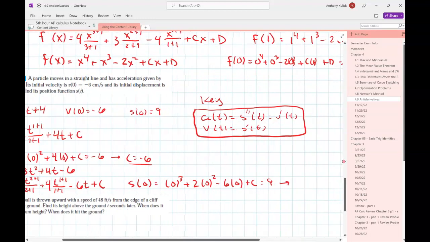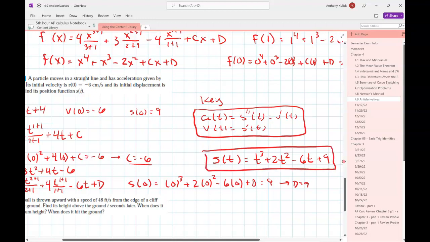So maybe let's use d here, that's confusing, we have two different c's. It tells me that d is 9. So my final answer is t to the third plus 2t squared minus 6t plus 9. That's my position function.